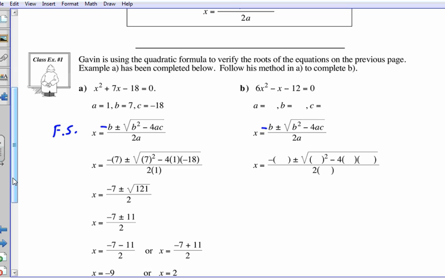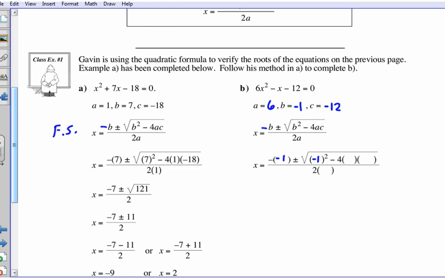Okay, so let's look at the next one. Our A value is 6. B is negative 1. C is negative 12. So it's the negative of our B. So negative negative 1 is going to become a plus 1, plus or minus, what's our B? Negative 1 squared.